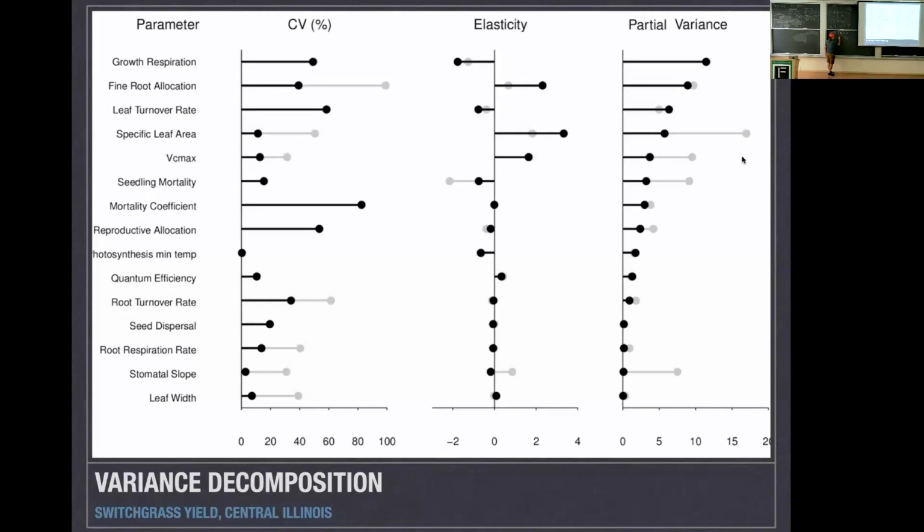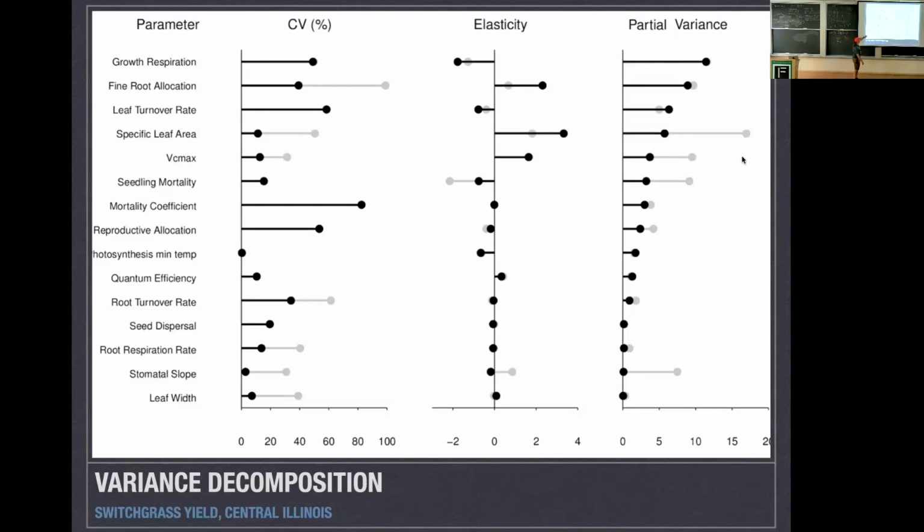And similarly, the elasticity, dy/ybar over dθ/θbar, also just gets rid of the units. So what I'm calling CV and elasticity here are just versions of the parameter uncertainty and the sensitivity, normalized to get rid of units, just so I can visualize them.